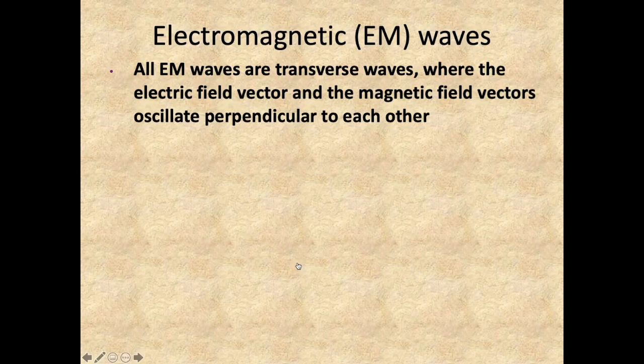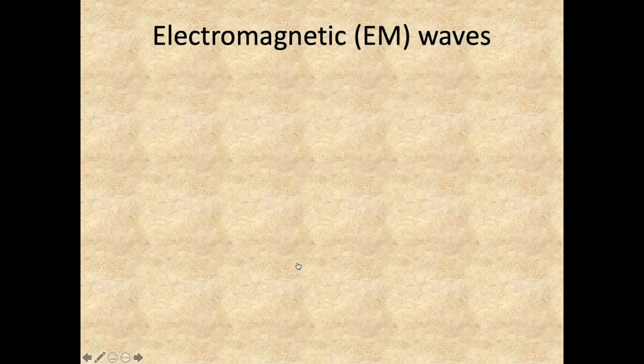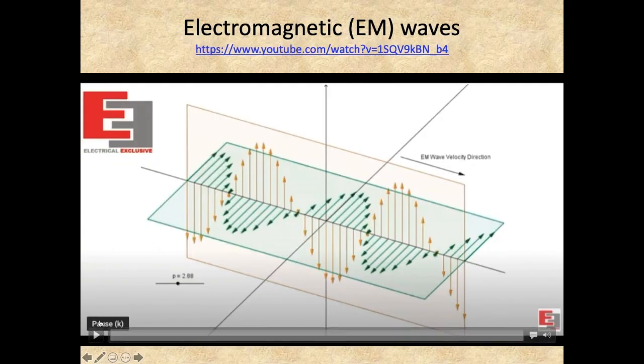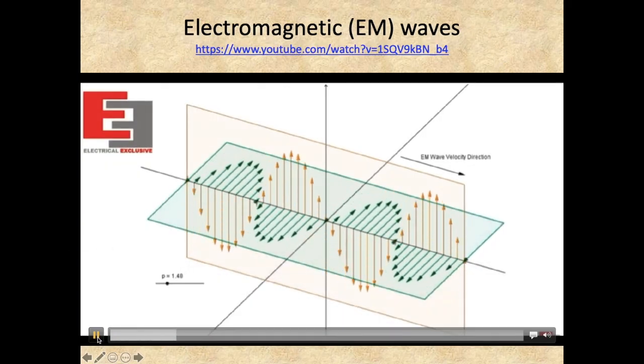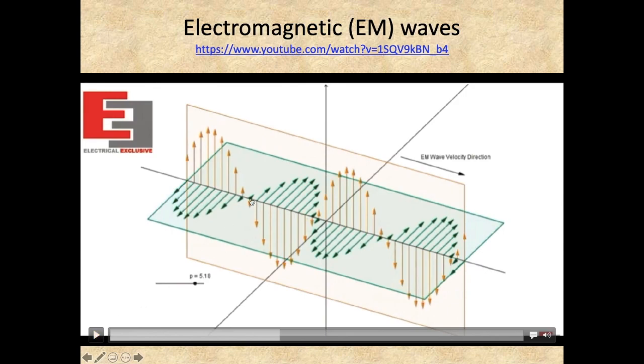All electromagnetic waves are transverse waves, where the electric field vector and the magnetic field vector oscillate perpendicular to each other. Here's what that looks like. So the yellow arrows represent the electric field oscillation, and the green arrows represent the magnetic field vector oscillation.